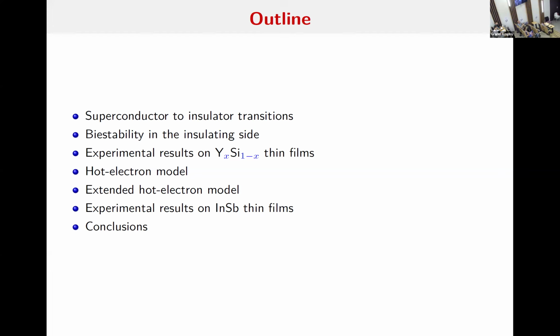I think that it's a very general feature that can have important applications and also give a lot of information about the materials and the processes going on in there. So I will present experimental results and one model that explains part of the experiments. As we will see, depending on the materials, results that look very similar must in fact be very different. That's the main point of it.